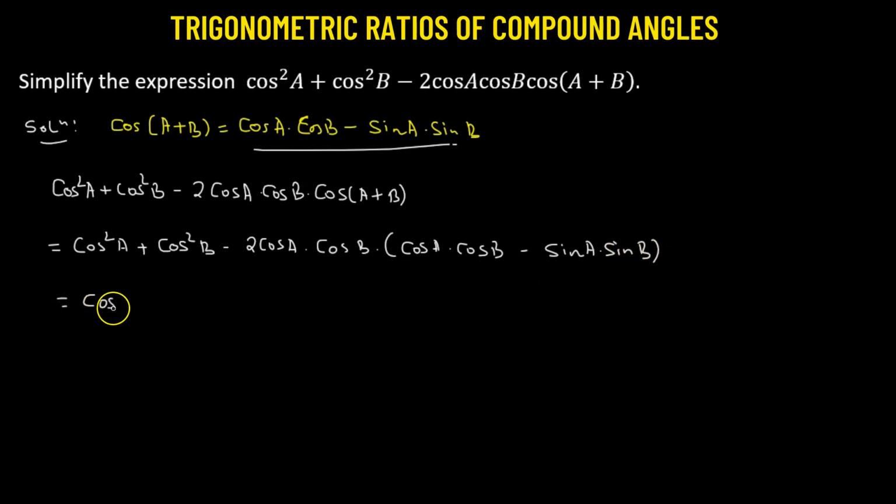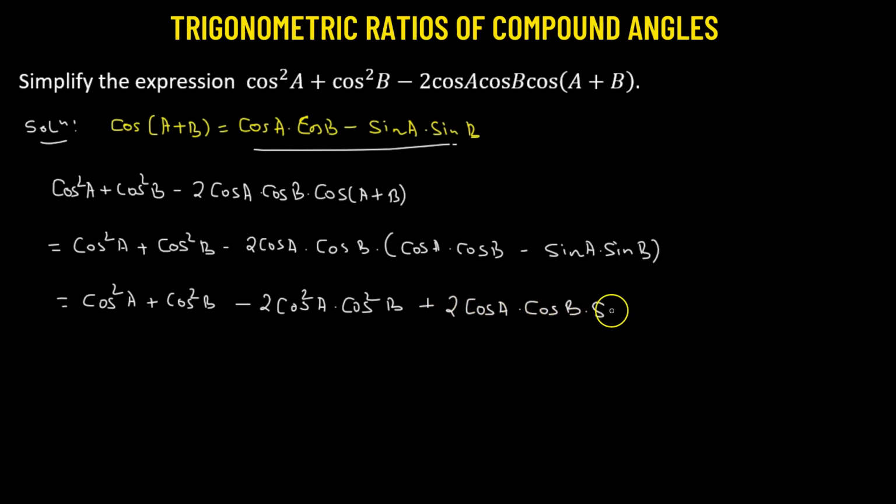Now we have cosine squared A plus cosine squared B. The negative 2 times cosine A cosine B gets multiplied to cosine A cosine B. So this is going to give us negative 2 times cosine squared A times cosine squared B. Then we have negative 2 times cosine A cosine B multiplied to negative sine A sine B. So we're going to get positive 2 times cosine of angle A times cosine of angle B times sine of angle A multiplied to sine of angle B.